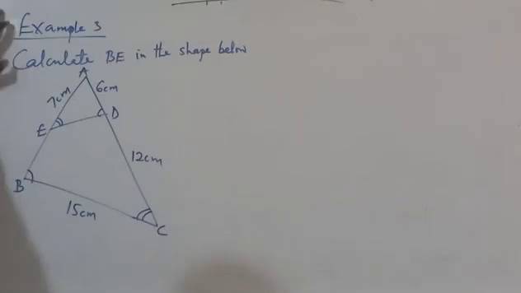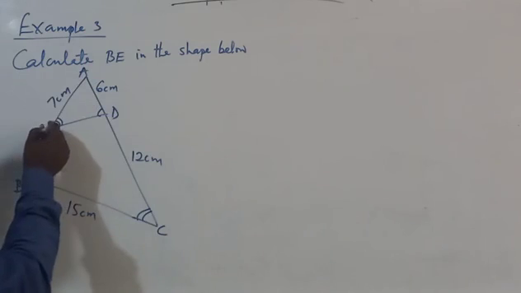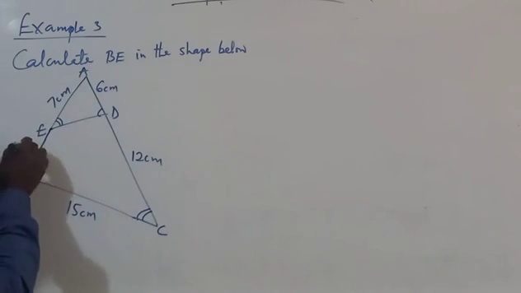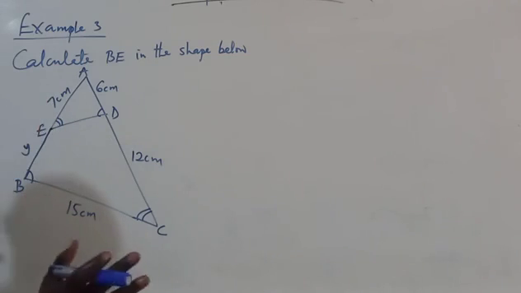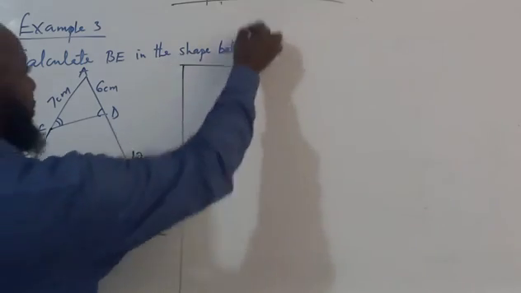So third example. We are asked to calculate BE, which is this side, and the shape below. So let it be Y. The first thing we need to do here is to separate the triangles. We separate them.